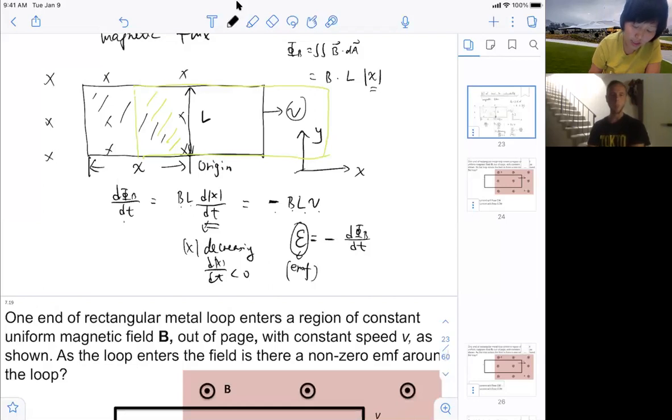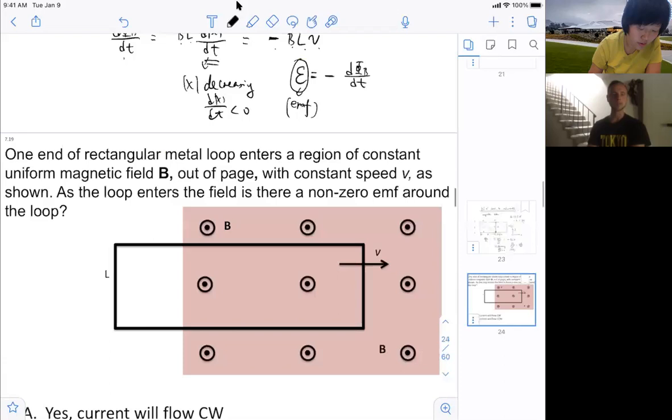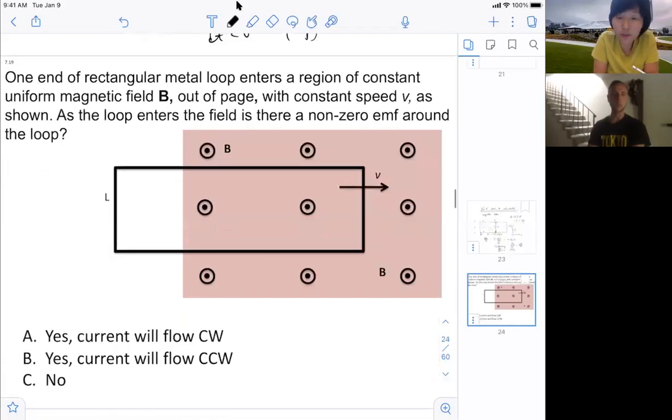All right, now let's look at a couple of questions. We have just done an example together where you have a metal loop leaving the field. Now you have a metal loop entering the B field. Which way do you think the current will flow? You could do it the motional EMF way, or you can think of it in terms of the magnetic flux.